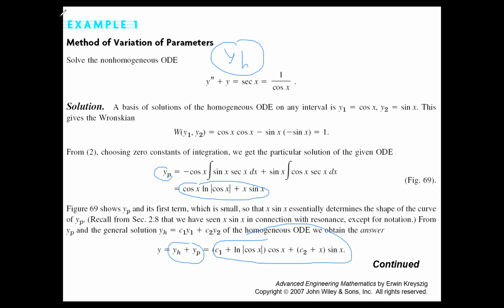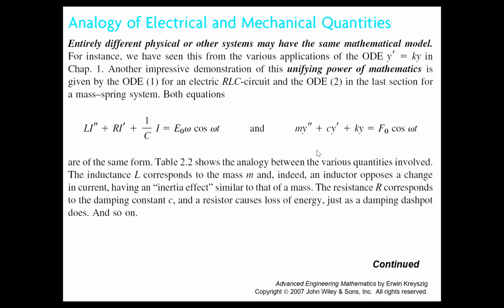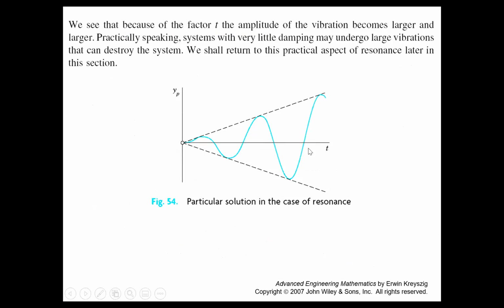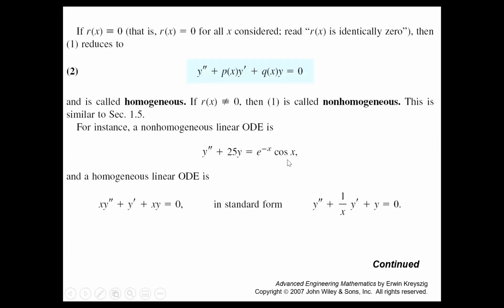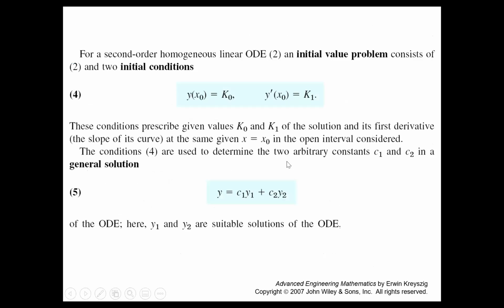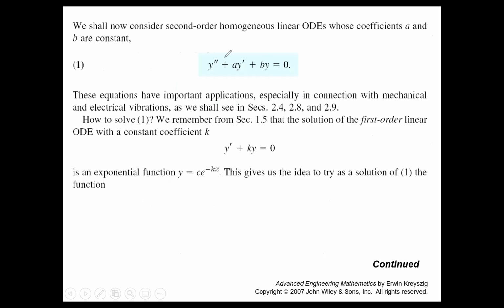So just for recap, the second order consists of homogeneous and non-homogeneous. The simplest form is when you have a homogeneous ODE with a constant coefficient. This is the simplest form. It's called a homogeneous second order ODE with constant coefficient. So this coefficient is constant.